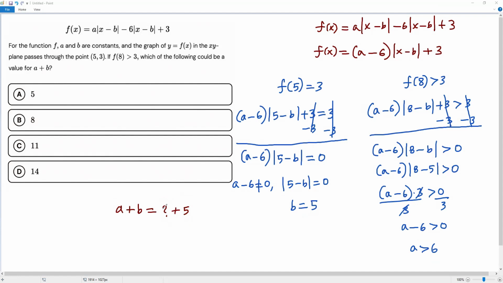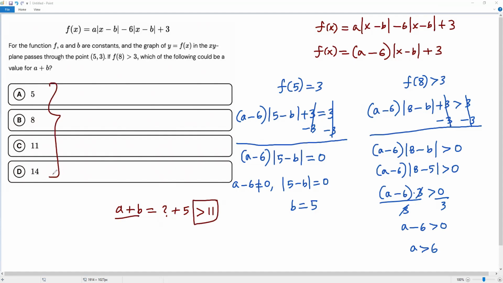So when I take a value greater than 6 in place of the question mark, the value of this expression will be greater than 11. Because if I take exactly 6 here, this is 11, but I have to take a value greater than 6. When I take any value greater than 6, like 6.01 or something like that, the value of this expression has to be greater than 11. So the value of a + b is greater than 11.